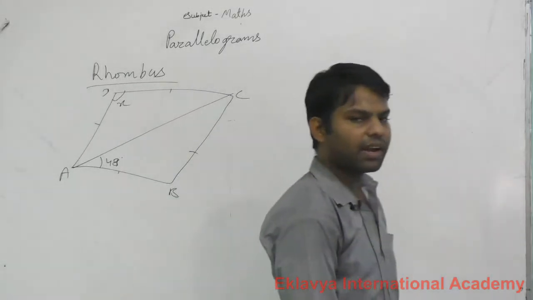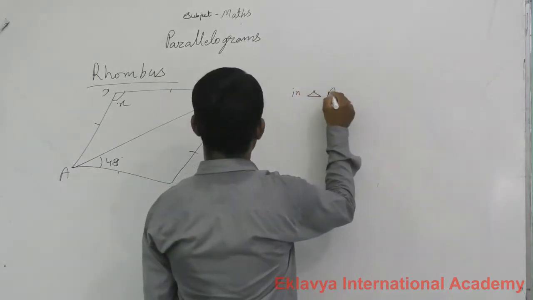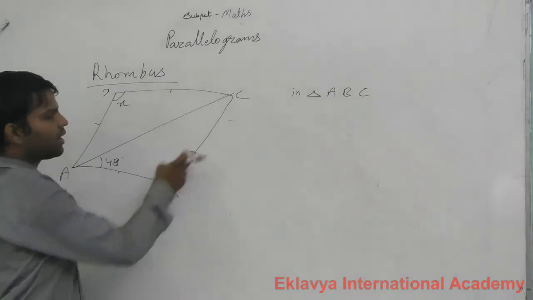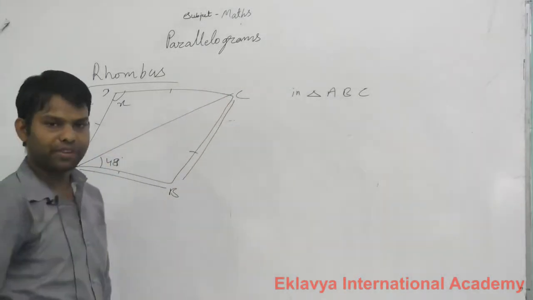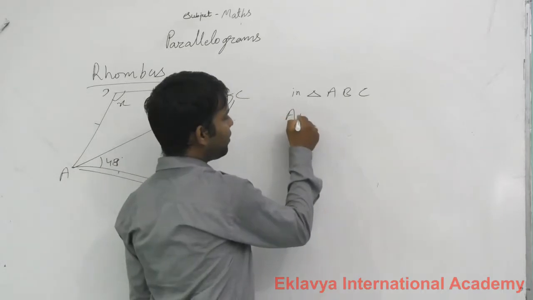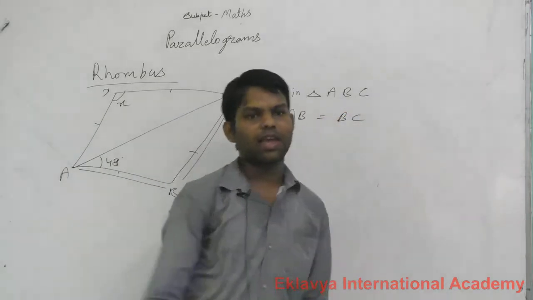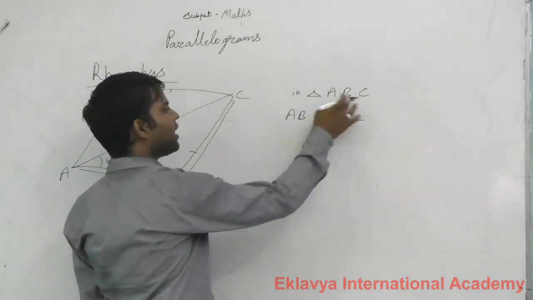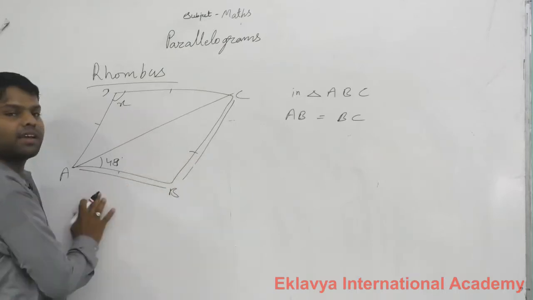So first we write, in triangle ABC, AB side is equal to BC side. So we write AB is equal to BC. Then triangle ABC is an isosceles triangle in which two sides are equal.